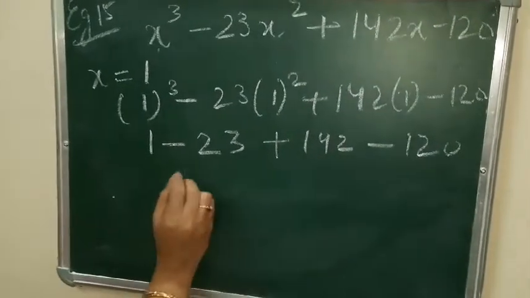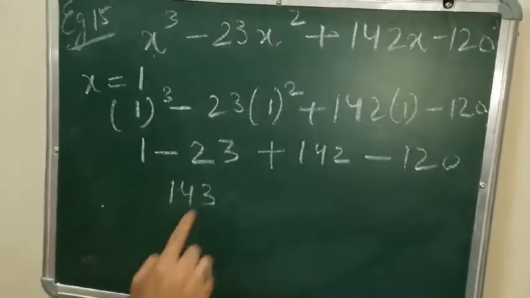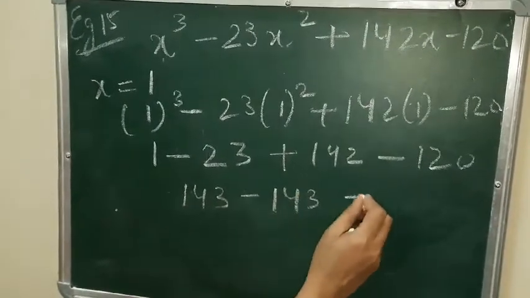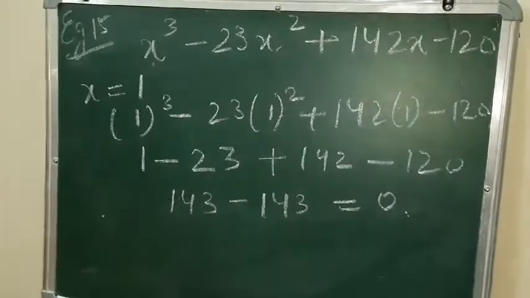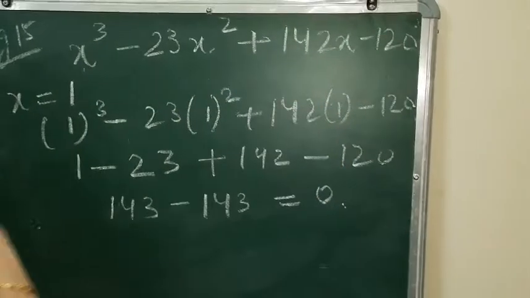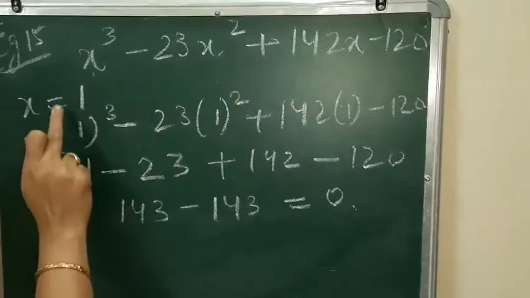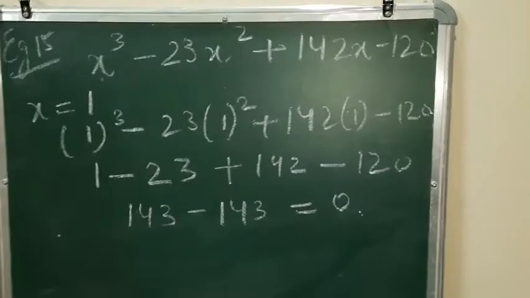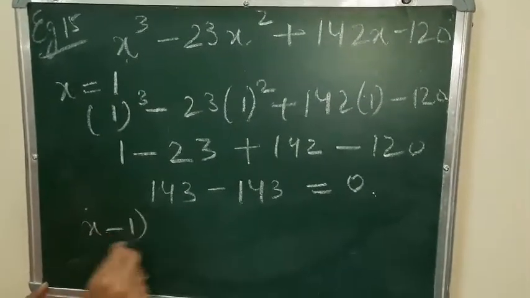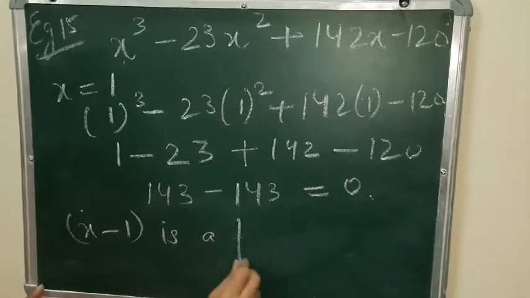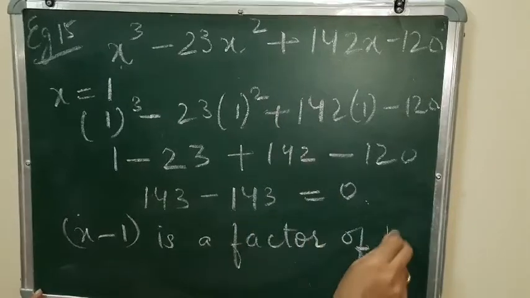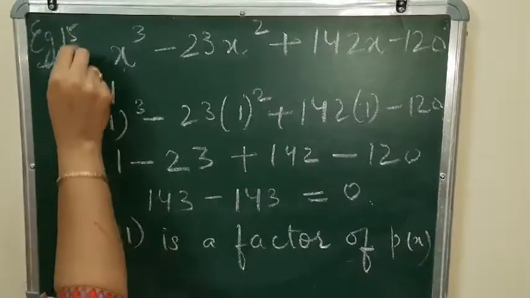Now 1 plus 142 is 143, minus 23 minus 120, minus 143. So I have got 0. That means x equal to 1 is satisfying the given polynomial. That means x equal to 1 is a root of this polynomial. Or in other words, if I take this 1 to this side, it becomes x minus 1, and x minus 1 will be a factor of the given polynomial, that is p(x).